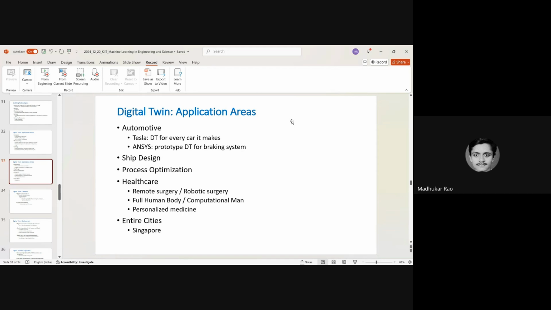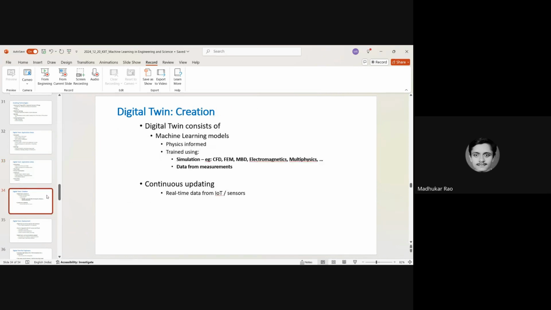Remote surgery, robotic surgery, and there are ambitions for making digital twin for the full human body, so that they can do personalized medicine. Singapore has made digital twins for its entire power grid, so you can have digital twins at either small scales, large scales, for various purposes.